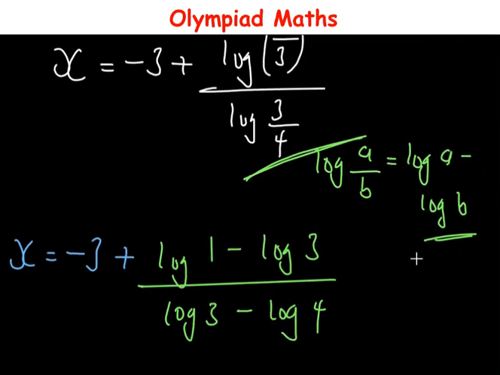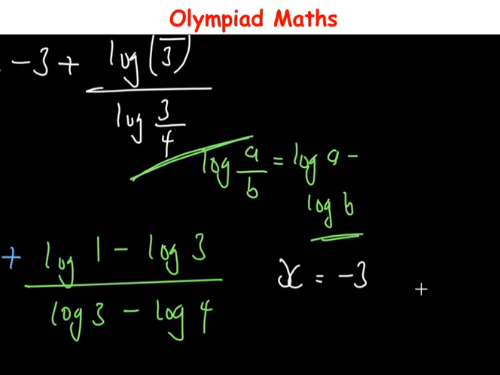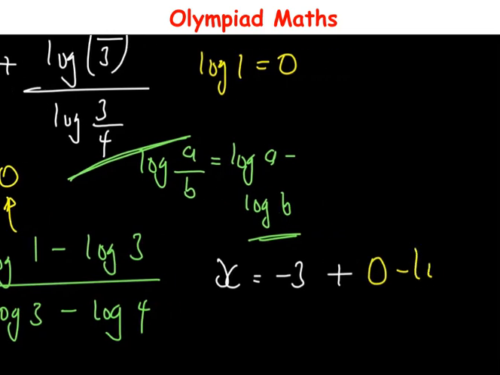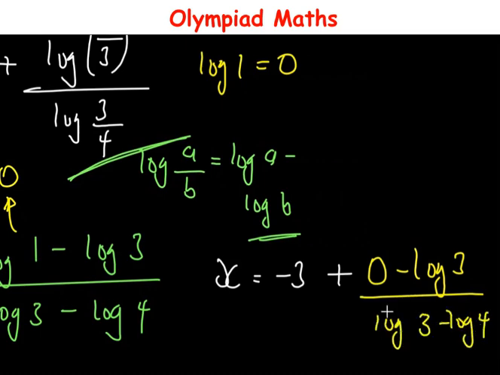Such that the value of x is then equal to minus 3, then plus the value of logarithm of 1, log 1, which equals 0. So this becomes plus 0, then minus log 3 all over log 3 minus log 4.